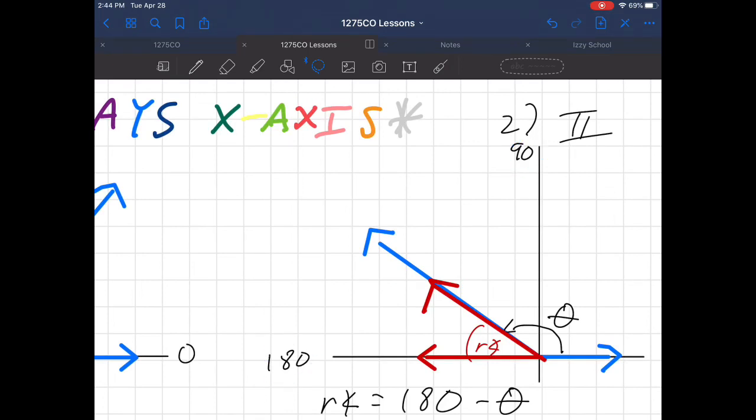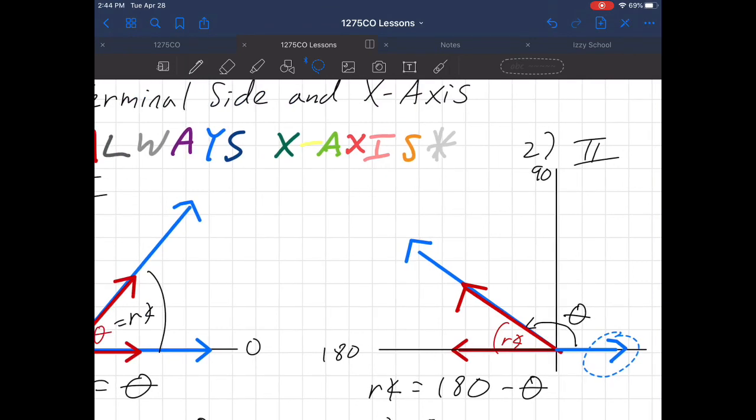Again, the initial side always starts in the same place. And this time the terminal side will fall into quadrant 2, which indicates an angle that is between 90 and 180. Right? We can see a reference angle here based on the terminal side and based on the closest x-axis, which in this case is the negative side of the x-axis. This is creating a reference angle located right here, which I'm calling R angle.